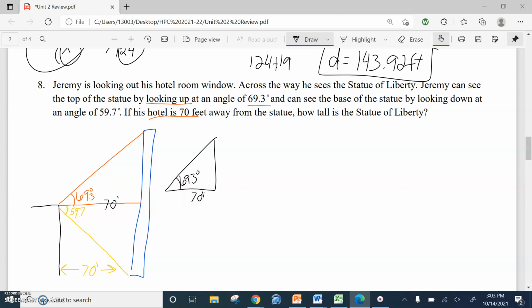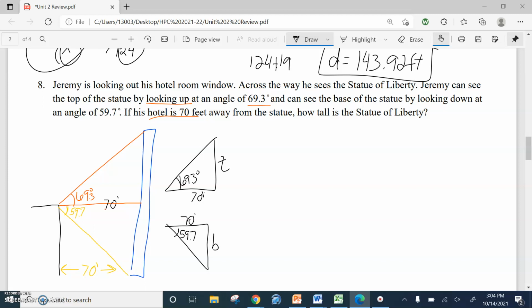So really the question here is, we'll call that T to get to the top. Then we're going to have another triangle that's looking down, and that's 70 feet. That one was 59.7. And we'll call that variable B.